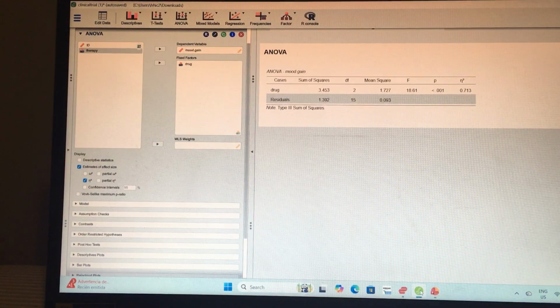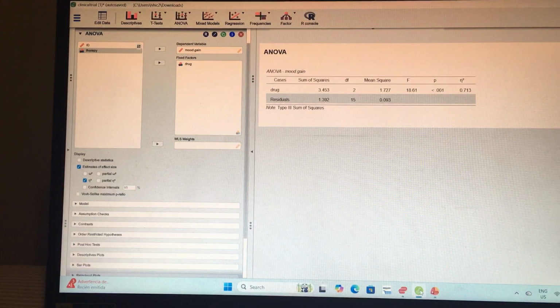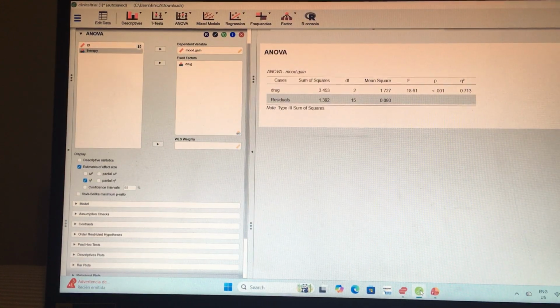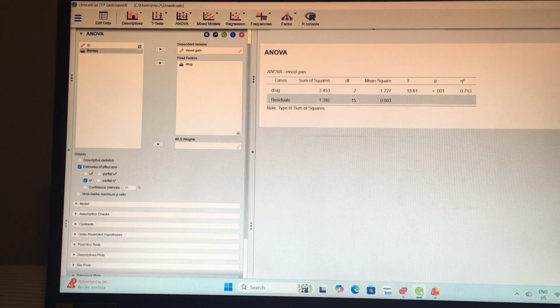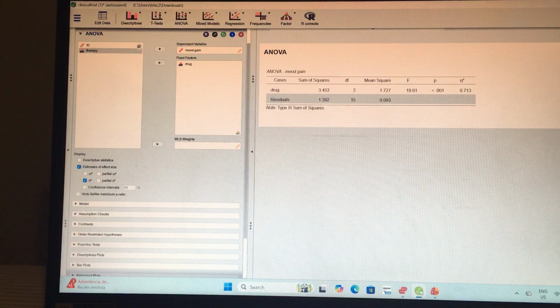Therefore, we get a value of 3.45 divided by 4.84, which is our SS total. If we added those together, that would be our 4.84. So 3.45 divided by 4.84 equals 0.71. All right, so we see that at the end, right? That last column.